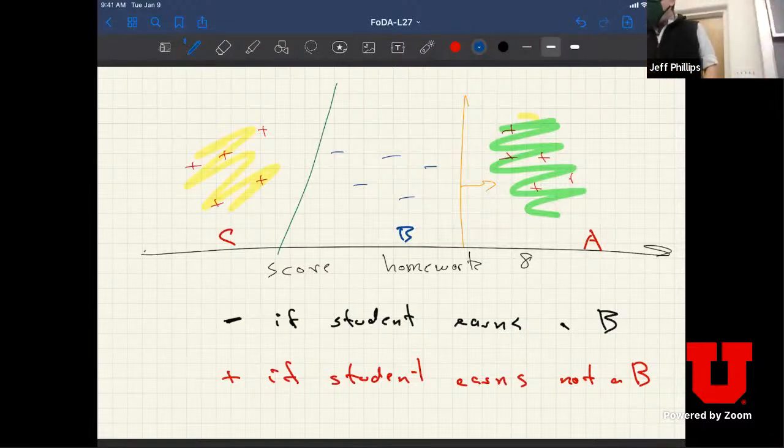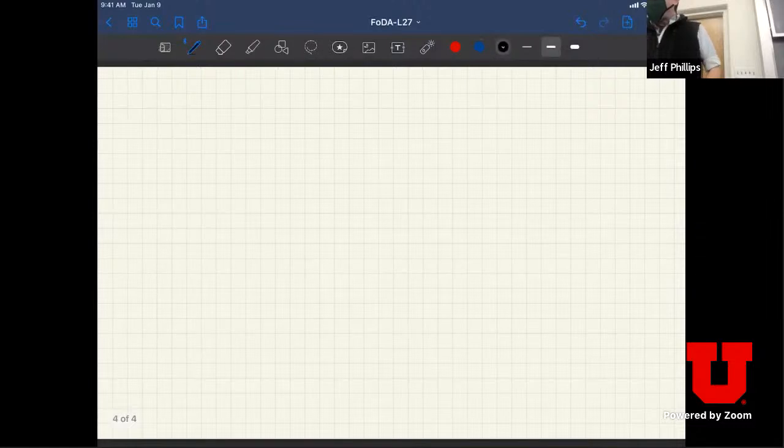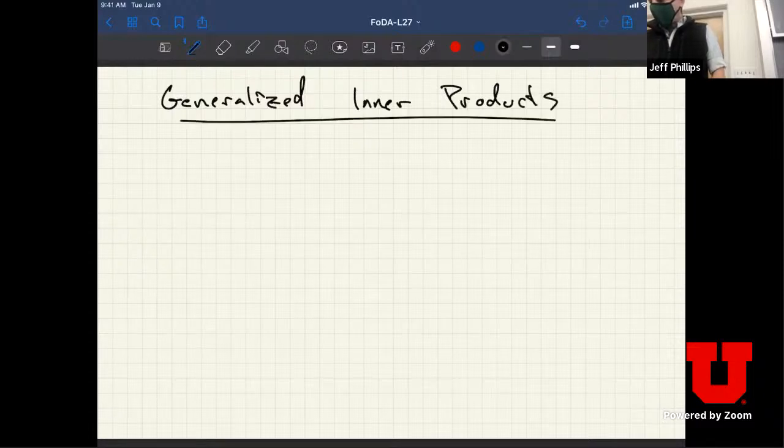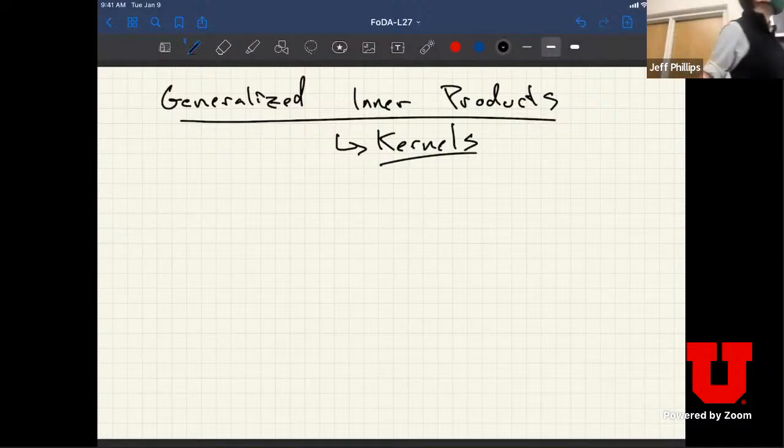A common way of approaching this is to generalize the notion of the inner product. Generalized inner products, kernels, are a general way of doing this.